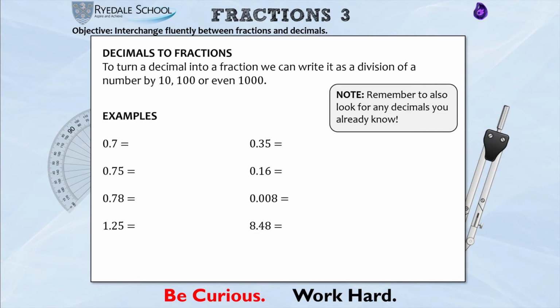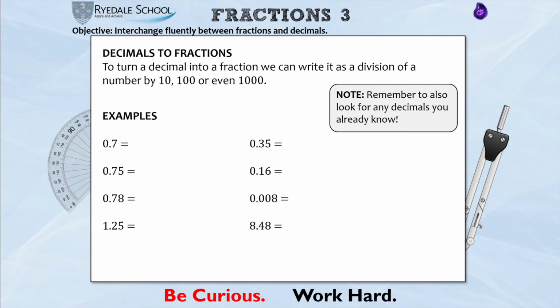So I said we're going to be able to interchange fluently between fractions and decimals. So we're going to look at how we do it both ways. How do we go from decimals to fractions? How do we go the other way around, fractions to decimals? So starting with decimals to fractions, the easiest way to think of this is the number of decimal places gives you an indication of what the denominator should be.